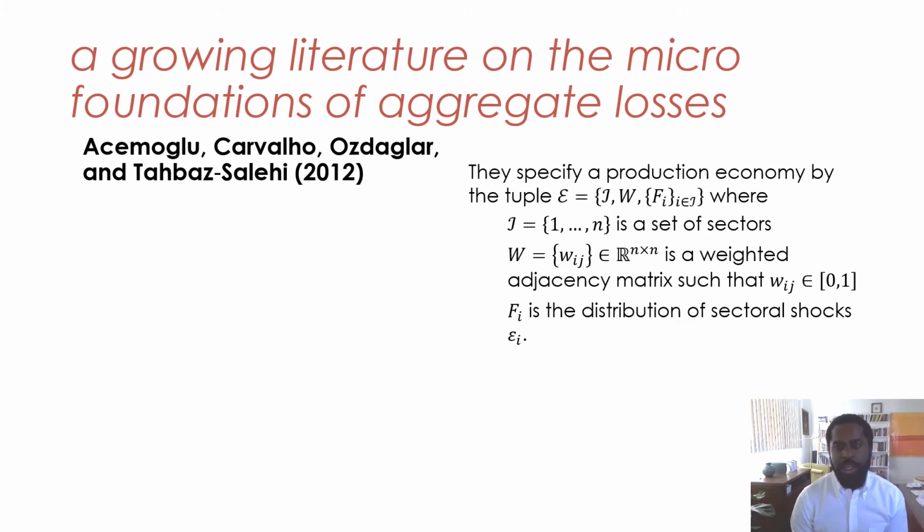Essentially, they've set up this economy where each of the sectors is producing given inputs from another sector, and their output is being used as inputs to the production in another sector. And at the core of this, W is a weighted adjacency matrix, but it's also a network. It's a network of sector level connections.